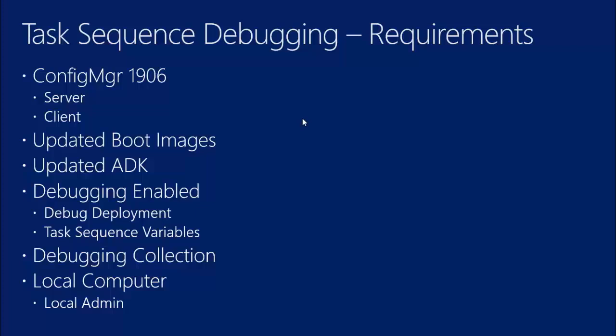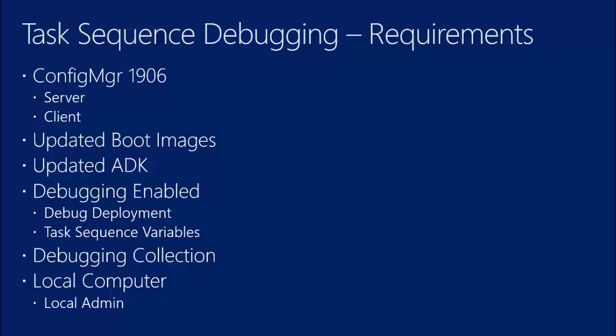There are a couple of ways to actually go about enabling debugging in a task sequence. The first is to do a debug deployment. That's how I've done it in the demos that are coming up. The other is just to use task sequence variables. There are a couple of task sequence variables that you can leverage to switch on debugging.